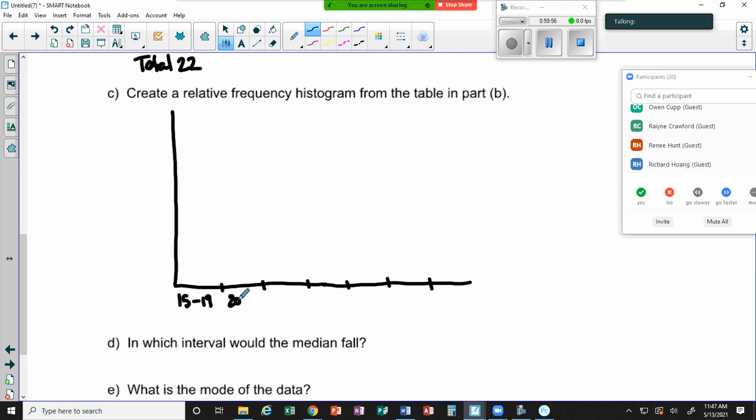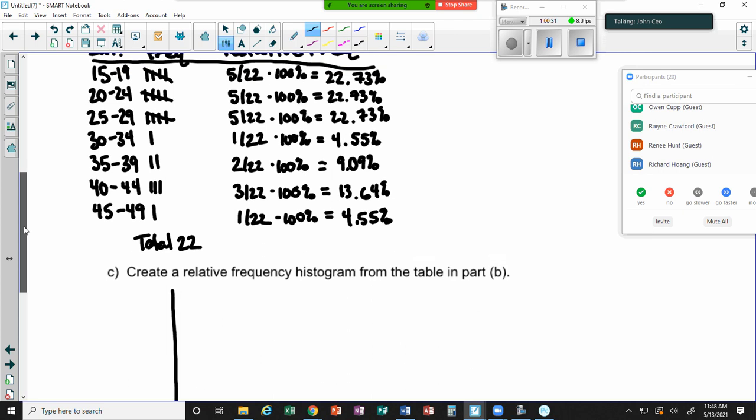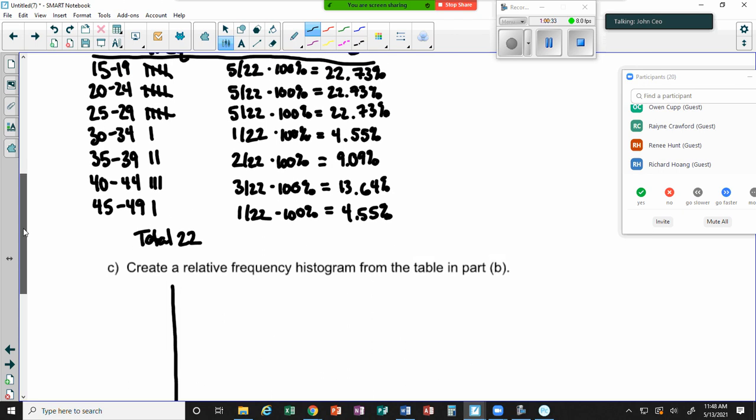15 to 19, 20 to 24, 25 to 29, 30 to 34, 35 to 39, 40 to 44, and 45 to 49. Okay. Now, what should we count by going up? Let's see. The highest I need to go to is 22.73.